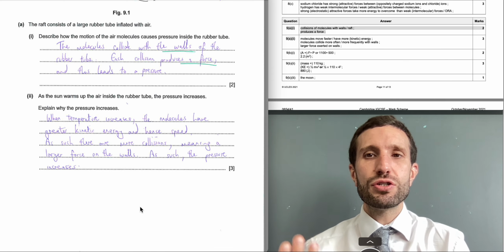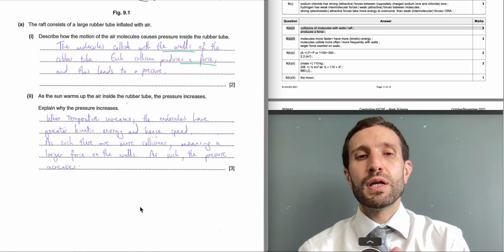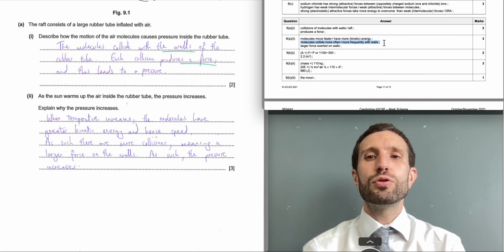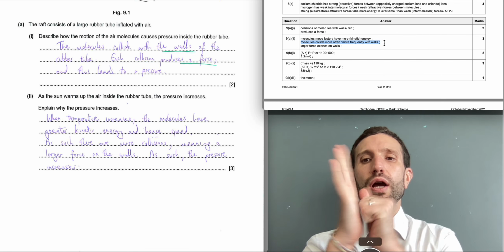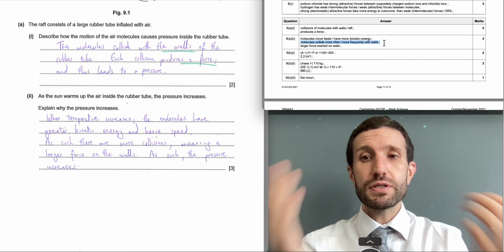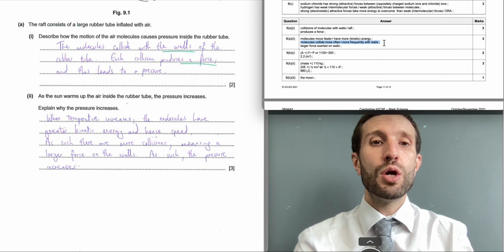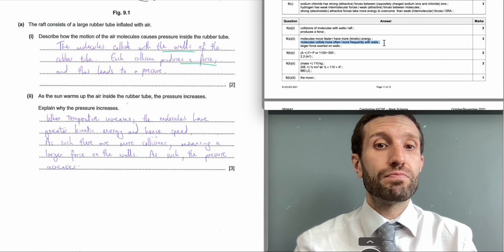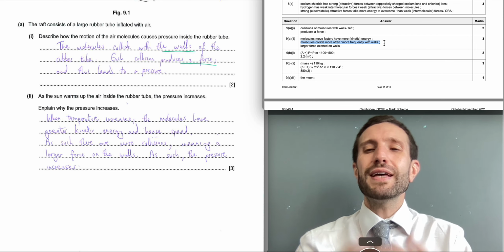And it actually leads to two things here, and we'll look at one of them from the mark scheme. We've got faster moving molecules, and that means that we're getting more and more collisions. Well, obviously, if we get more and more collisions, we're going to get a greater force, and therefore a greater pressure. And so that's the CIE answer.